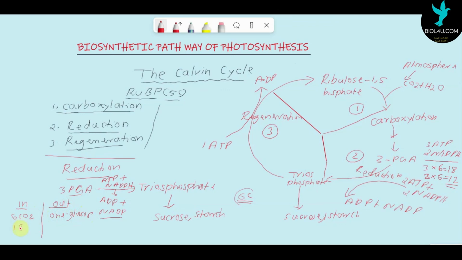Similarly, 18 ATP is taken and 18 ADP is produced, and similarly 12 NADPH is taken inside and 12 NADP is formed. So that is the summary of the Calvin cycle. Then I will show the animation of this biosynthetic pathway, the Calvin cycle, and how it operates in the form of an animation.